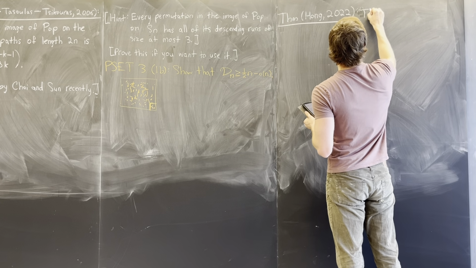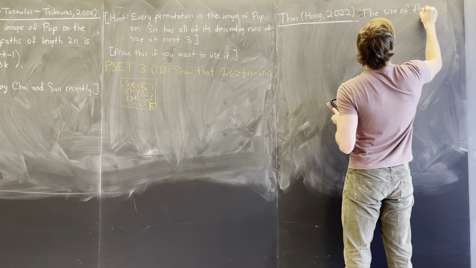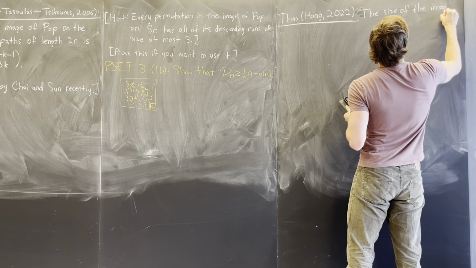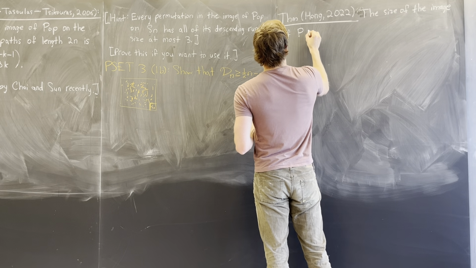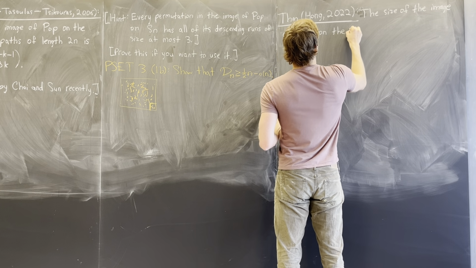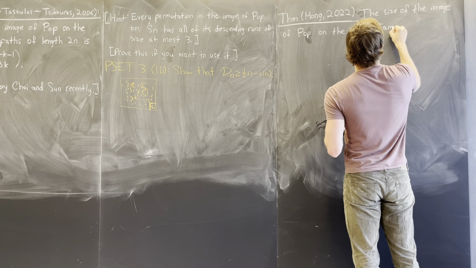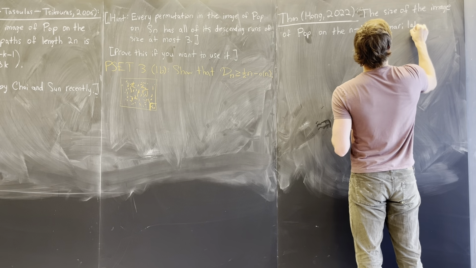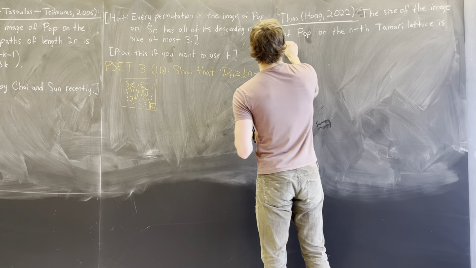The size of the image of pop on the nth Tamari lattice is the n minus first Motzkin number.